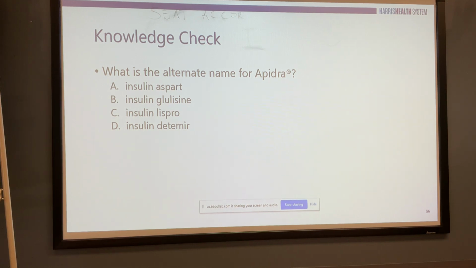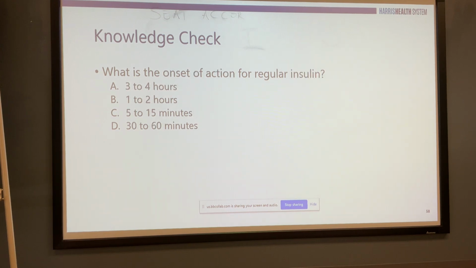So do your best to use the cheat sheet. A few questions from Rain. What's the onset of action for regular insulin? For the essence of time, it's 30 to 60.